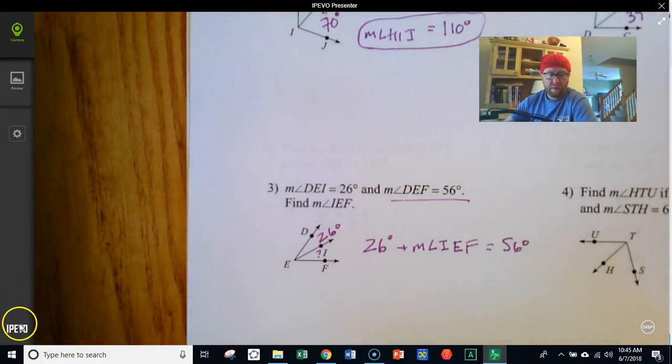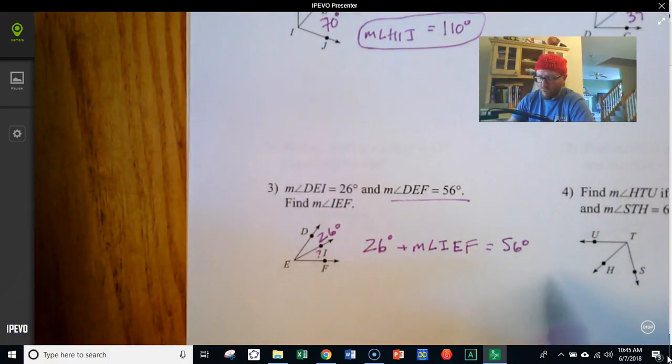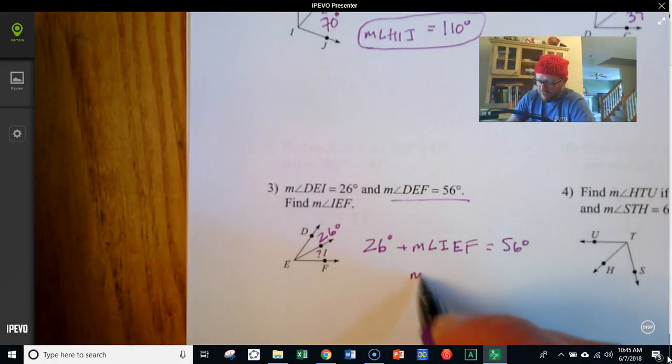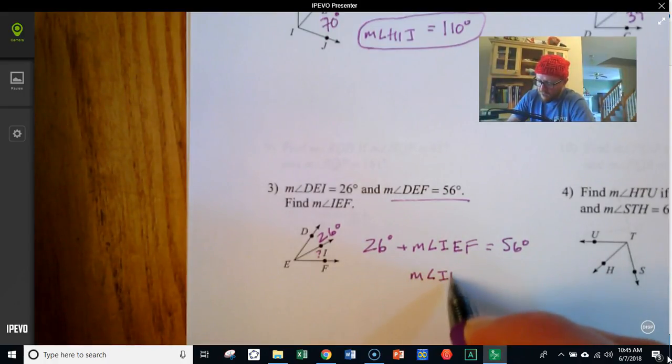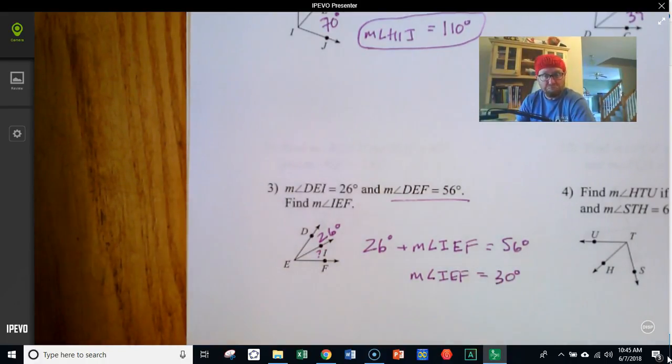Okay? So in this case, to find the measure of the unknown angle, I just have to take 26 degrees from both sides, and the measure of angle IEF, see, 56 minus 26 is 30 degrees.